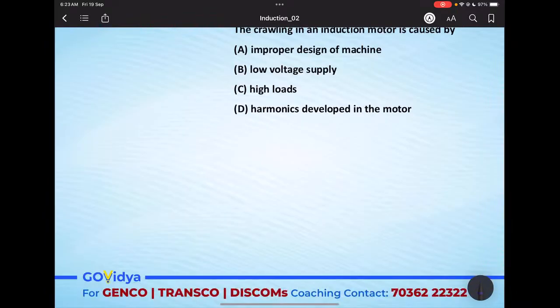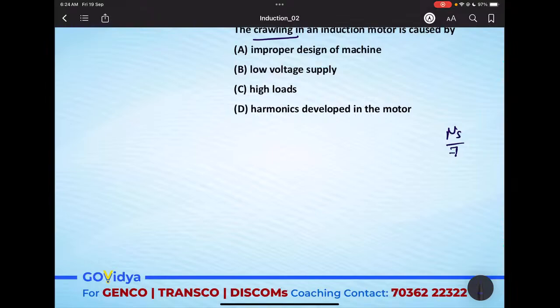The question is about crawling. What is crawling in an induction motor caused by? This question we already discussed. Crawling is the state where the induction machine is running at 1/7 times the synchronous speed.